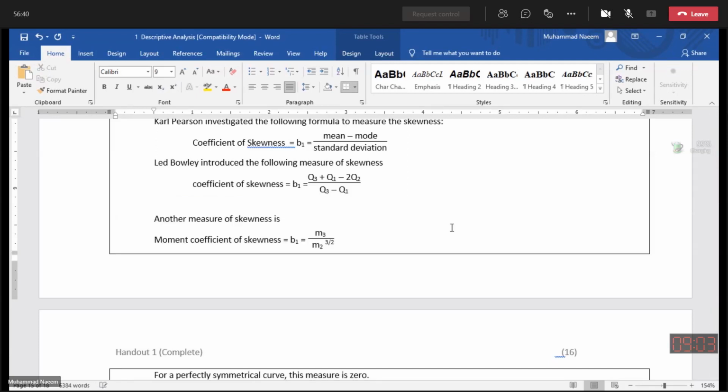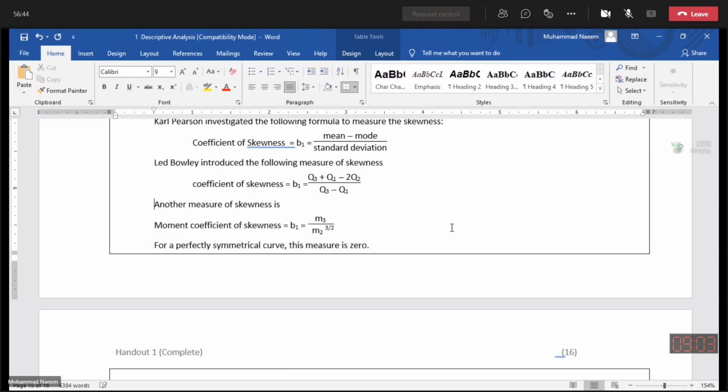Also we have another formula for coefficient of skewness using moments. This expression is called the moment ratio.